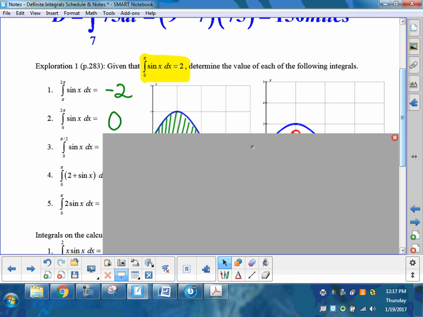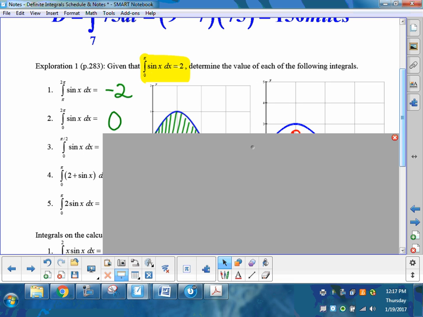What about the next one? The area under the curve from, and trace it on the graph if you need to, from 0 to pi over 2. Hands up, please, if you can tell me how much you think that's going to be. Why is it 1?